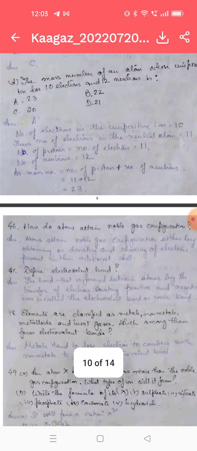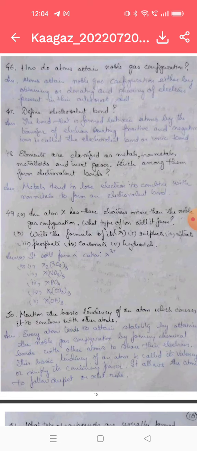If it donates, then it's a positive ion, and that is an electrovalent or ionic bond. The elements are classified as metals, non-metals, metalloids and inert gases. Which among them form electrovalent bonds? Metals and non-metals combining, because metals will donate electrons and non-metals will gain electrons, and therefore there will be an electrovalent bond between them.